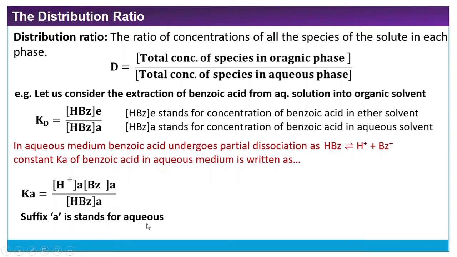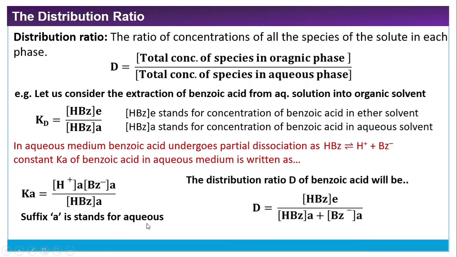Here A stands for aqueous medium. The distribution ratio of benzoic acid will be HBz in ether divided by the benzoic acid concentration in the aqueous medium plus the small quantity of dissociated benzoate ion in aqueous medium.